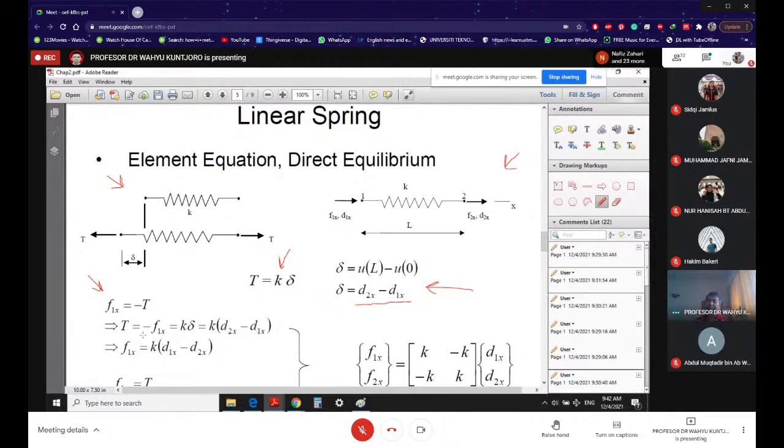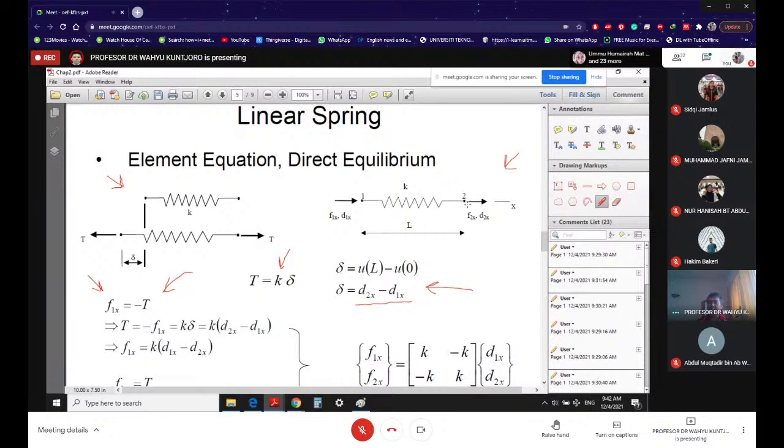But of course, that is T. What about F1x? F1x is of course minus T. Because of that, F1x is going to be K multiplied, instead of this, by just D1x minus D2x. So that's your F1x. What about F2x?